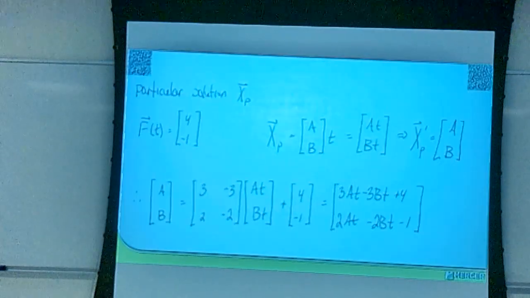Reduce that down, or not reduce it down, but interpret that as your system of equations.